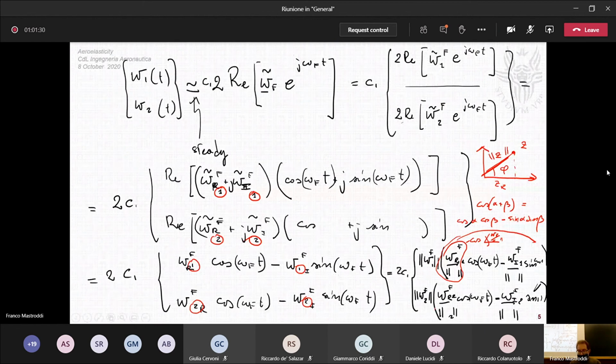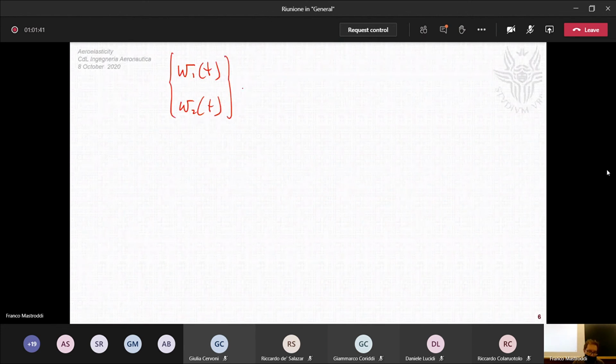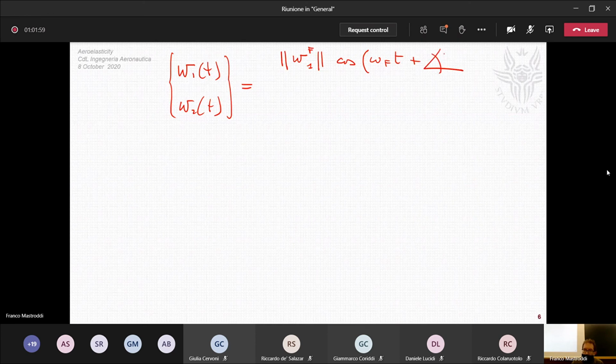Okay, so we are finished because the conclusion is the following: W1(t), W2(t) is equal to the amplitude of W flutter first component times the cosine of omega flutter t plus the phase of this number.